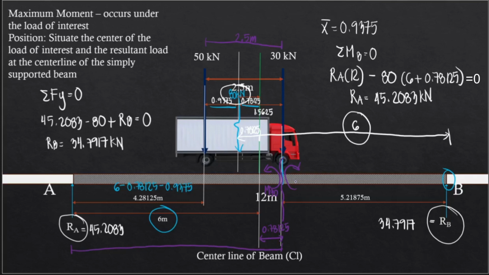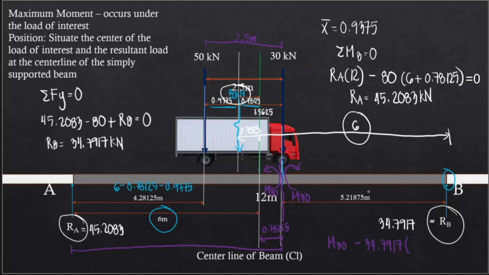Now let's try that. We have here the moment under the 30 kN load, that's clockwise. So we have M30 and this must be in equilibrium. Summing up moments considering the right side, it must be equal to 0. So we have positive M30 because this is clockwise, and then minus the reaction at B, which is 34.7917, multiplied by the moment arm going to the 30 kN load.